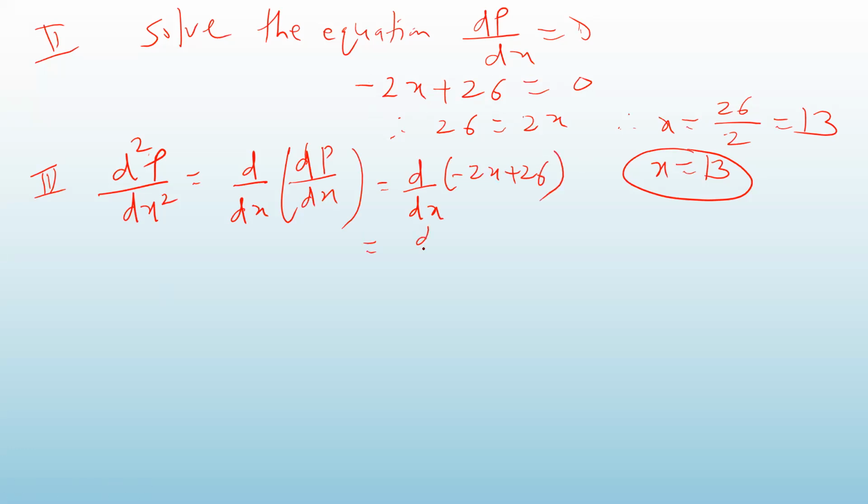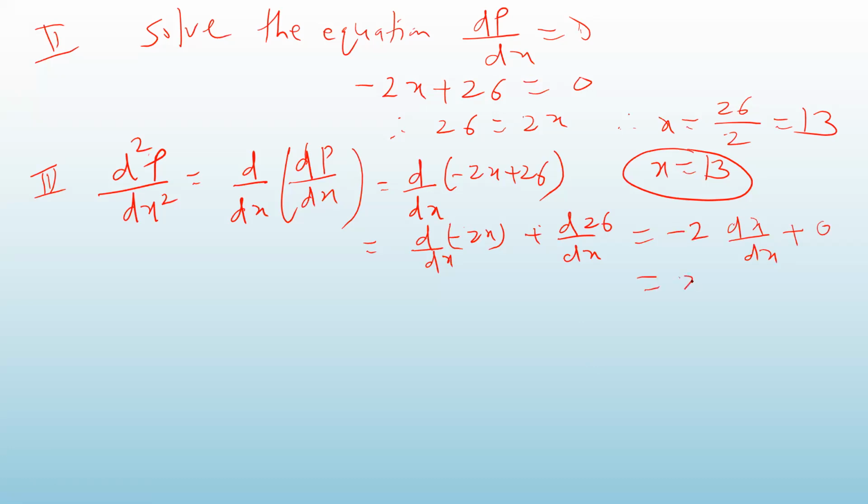So this is equal to derivative of minus 2x plus derivative of 26. What is derivative of minus 2x? Minus 2 is a constant, so minus 2 into derivative of x, plus derivative of 26 is 0.